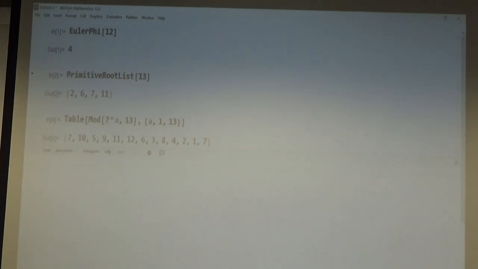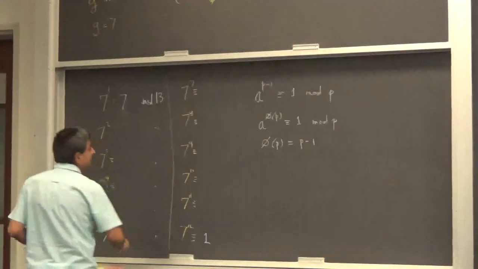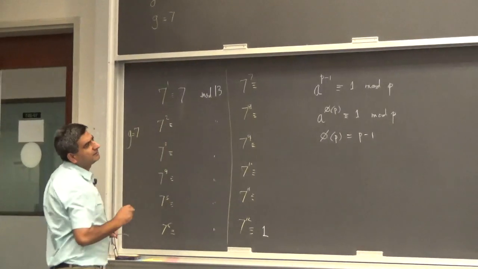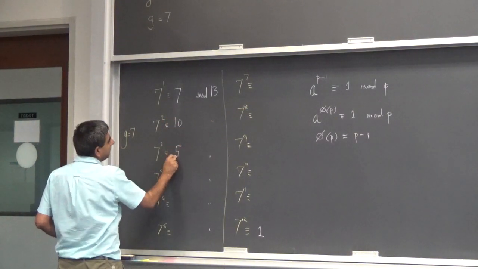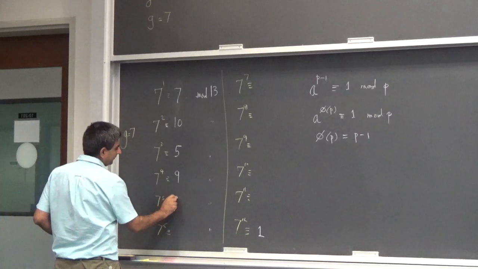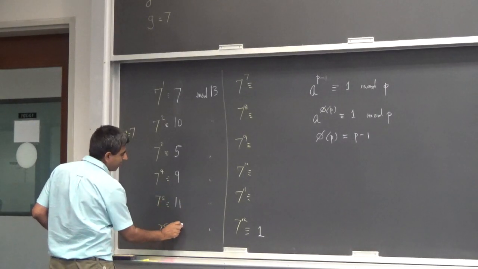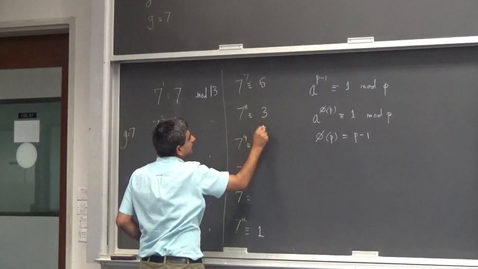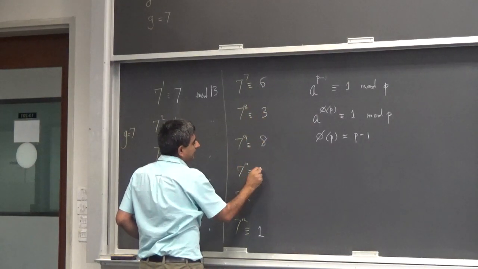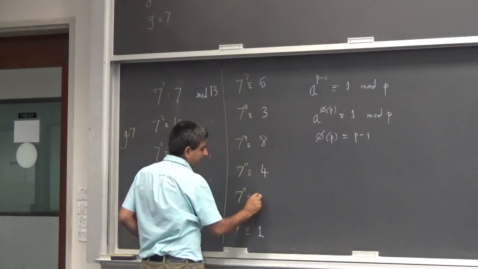Okay, so the numbers are here: 7, 10, 5, 9, 2 and more.